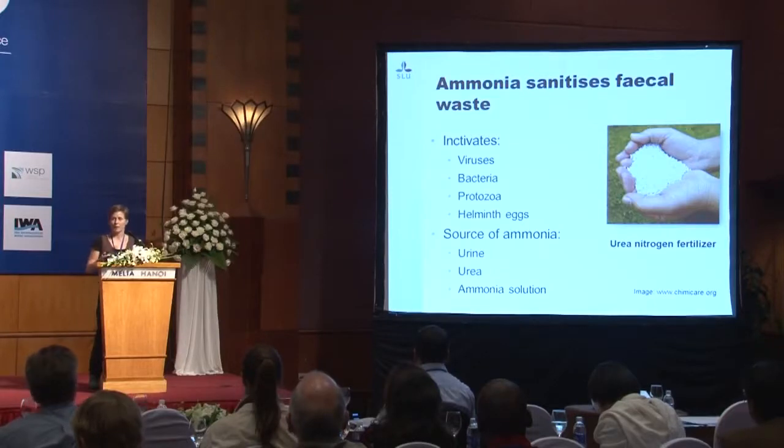However, since ammonia is volatile, it's problematic to add it as a solution, so it's quite convenient to use urea to treat fecal waste. It degrades into ammonia first when it's in contact with fecal enzymes.